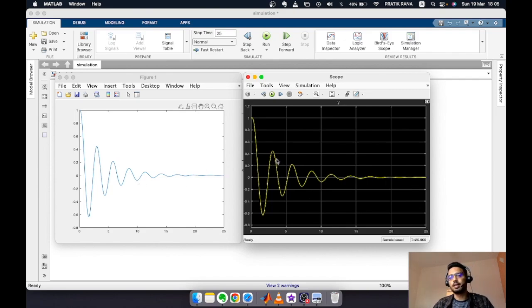So hence we see that both the methods yield exactly the same solution for y, and therefore we can say that our result is validated when we compare the two results.